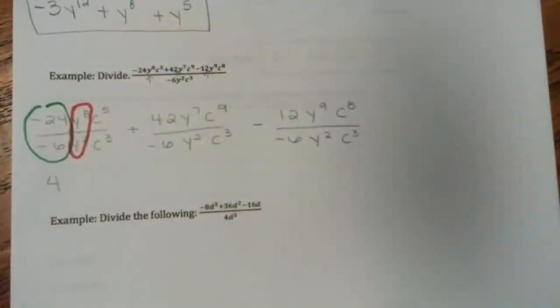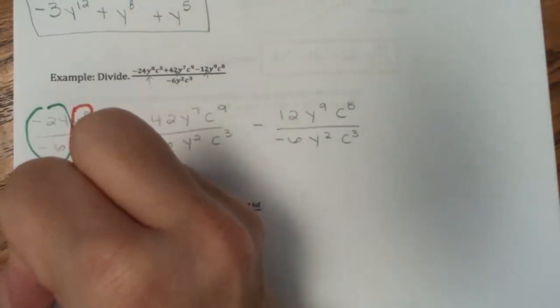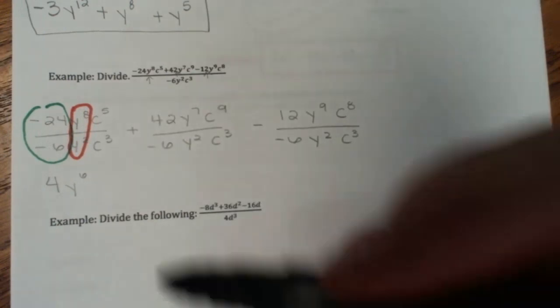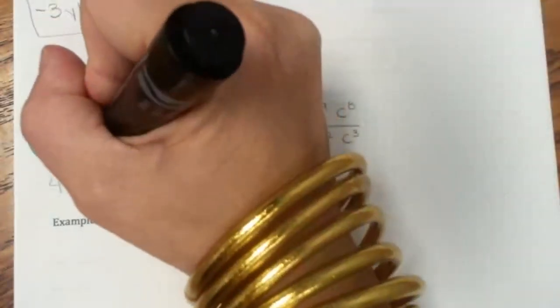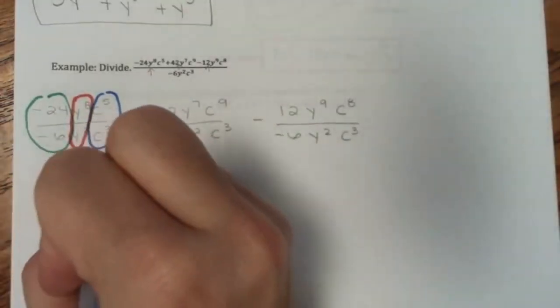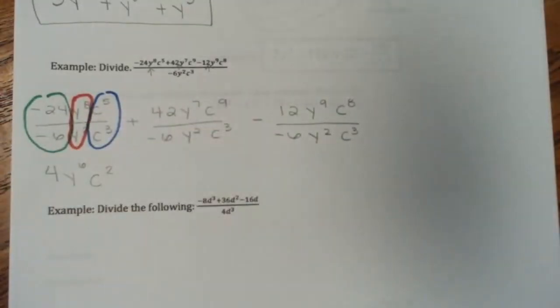So 8 minus 2 would give us 6, so y to the 6th. And then c to the 5th divided by c cubed. Subtracting those exponents, 5 minus 3 would give us 2, so c squared. So 4y to the 6th c squared.